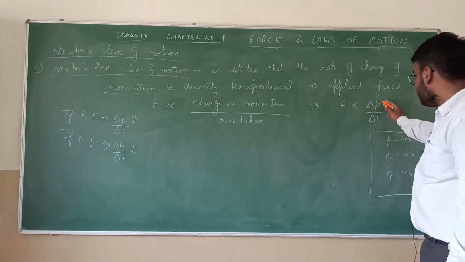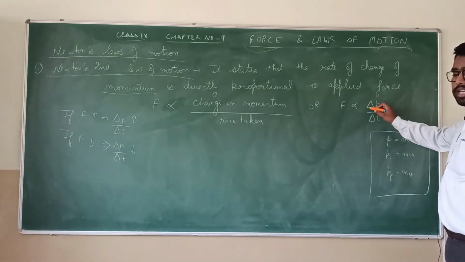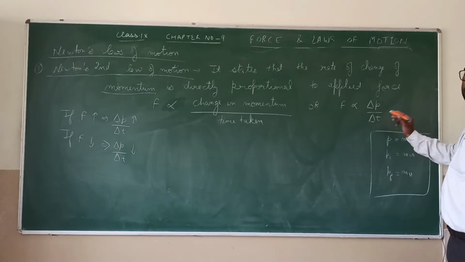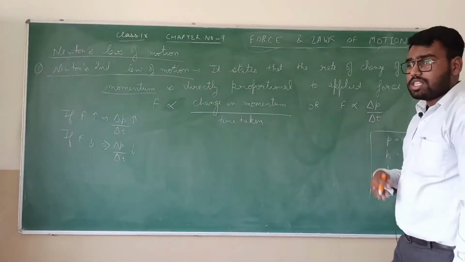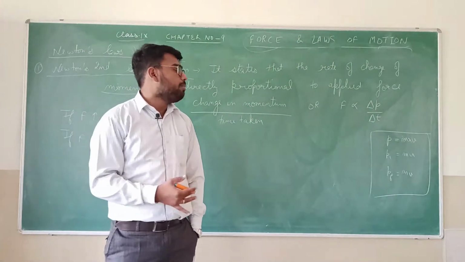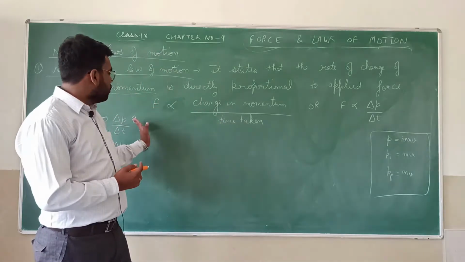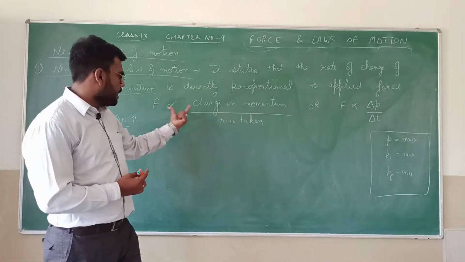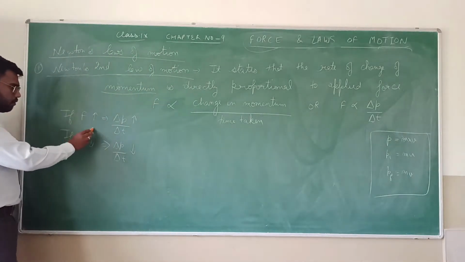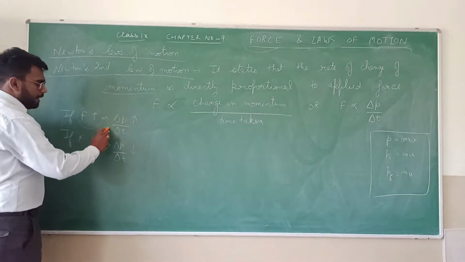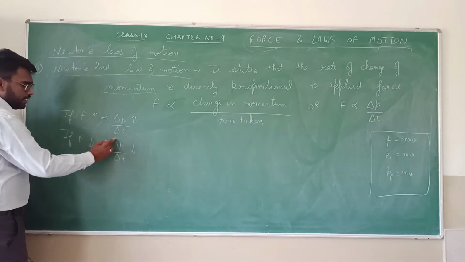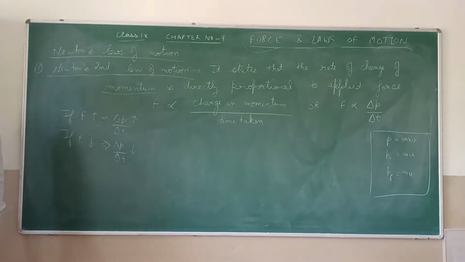So delta p by delta t means change in momentum by change in time. That means for how much time we are changing the momentum, or for how much time we are applying the force. That is Newton's second law of motion. Force is directly proportional to change in momentum by time taken. If we apply more force, momentum will change rapidly, and if force is less, then the change in momentum will be less rapid.